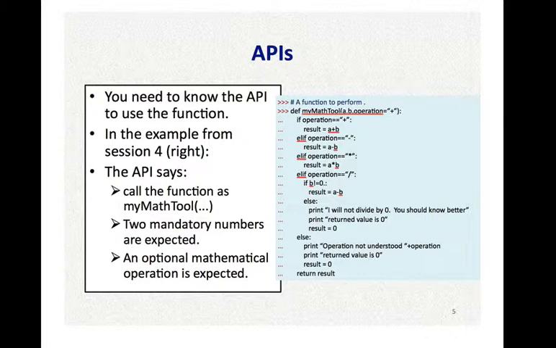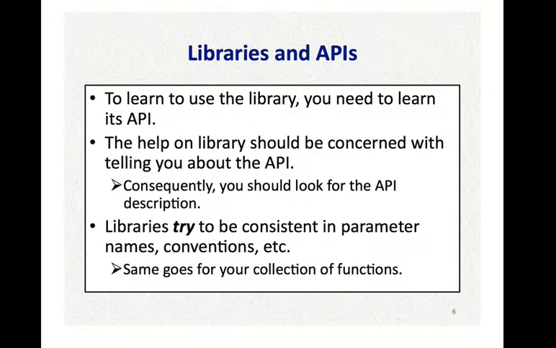On top of that, the help file can tell you exactly what's going on, if it's a complicated algorithm that's in place, or if it's a function that does plotting: why was it written, who wrote it, what was the purpose, and what exactly is it going to do to the data that you're going to pass on to it. But the very basic minimum is the API. Okay, so again, you just need to learn what the API is, and you get a handle on what the library is.